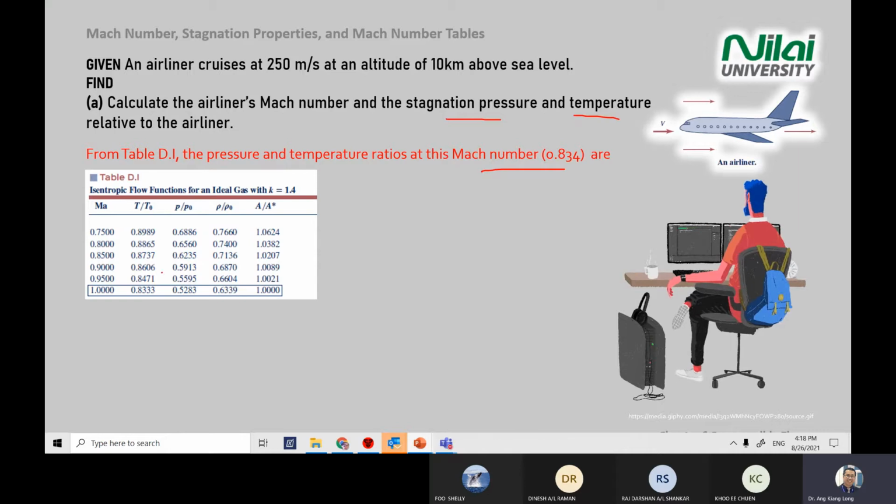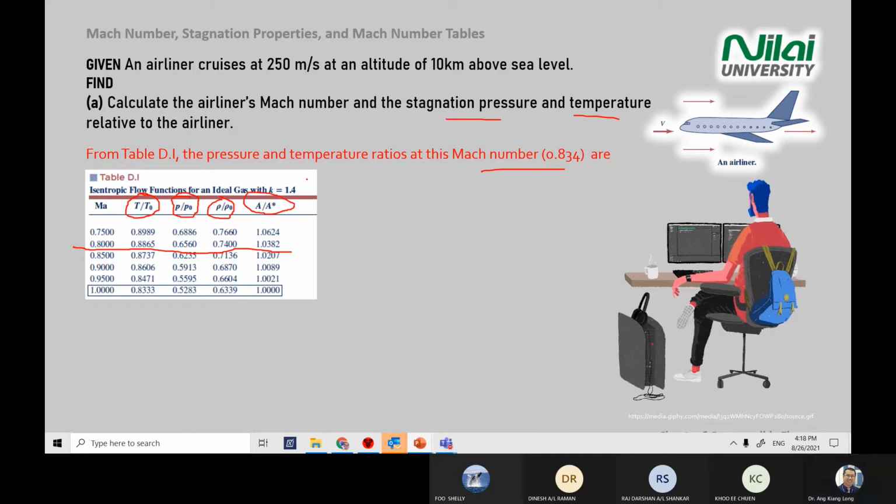Inside this table there are lots of numbers; I just cropped a small corner for reference. The Mach number that you calculated previously is 0.8 something, so it lies within 0.8 and 0.85. You need to do interpolation to get T over T0, pressure, density, and area.